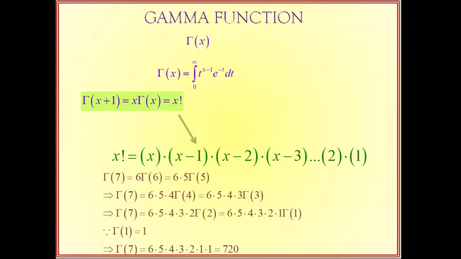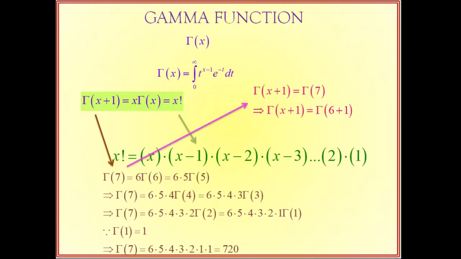So let's solve gamma 7. If we compare this gamma 7 with gamma x plus 1, then we get that it is just equal to gamma 6 plus 1. This helps us apply the formula gamma x plus 1 to gamma 7.